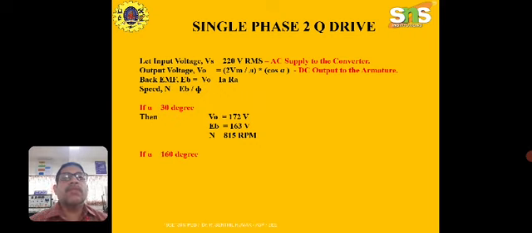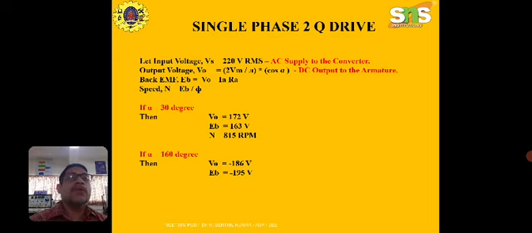Now, if the alpha is greater than 90 degrees and lesser than 180 degrees, we are assuming that alpha is 160 degrees, then the output voltage is calculated as minus 186 volts. You mean 2 Vm by pi into cos alpha. Alpha is 160 degrees, and EB is calculated as minus 195 volts.